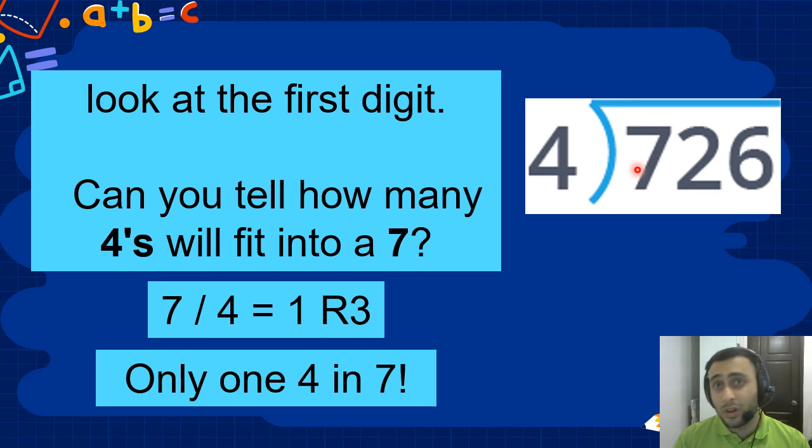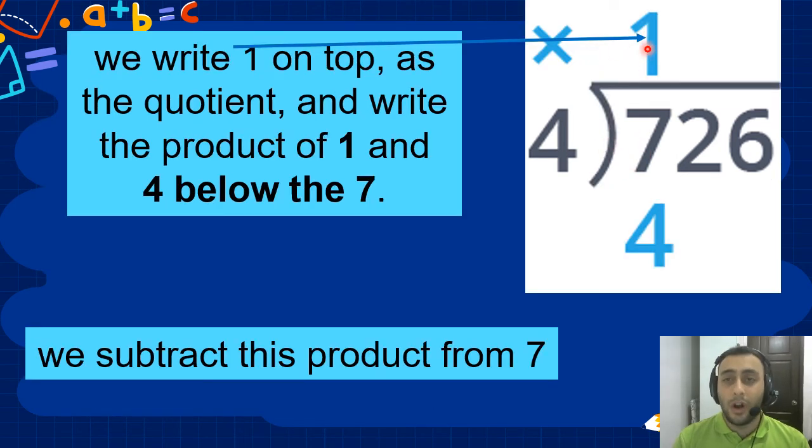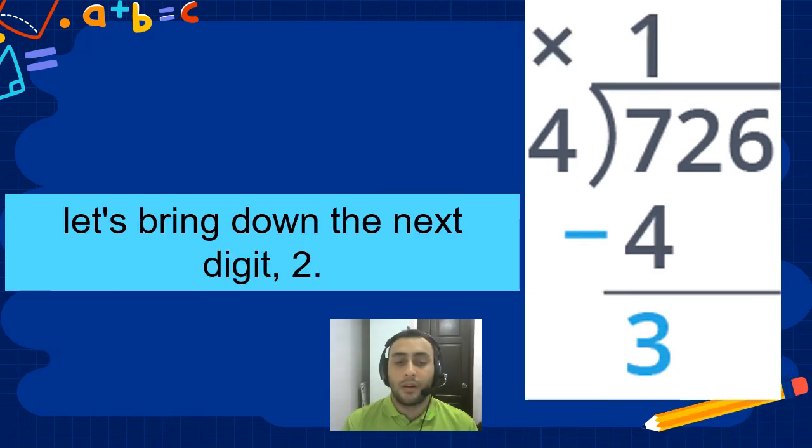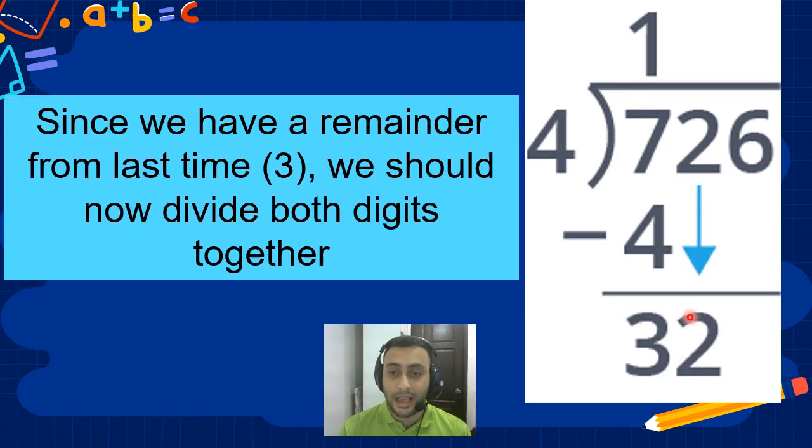But we're going to have to subtract it, right? 1 times 4 equals 4. Now, 7 minus 4. Okay, so now we look at 2. We bring 2 down. Don't forget it, okay? You have to bring the next digit down. So 2 comes down and it becomes 32.